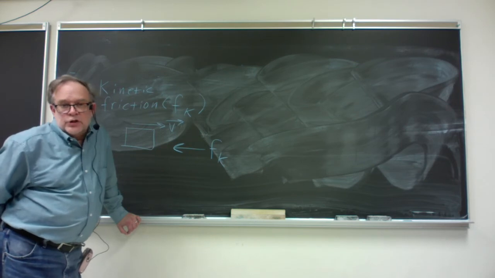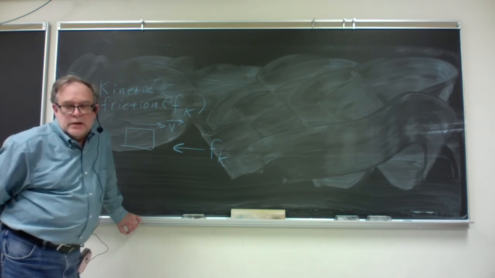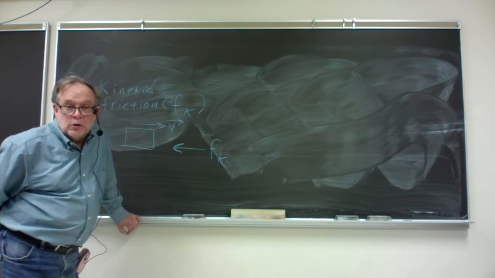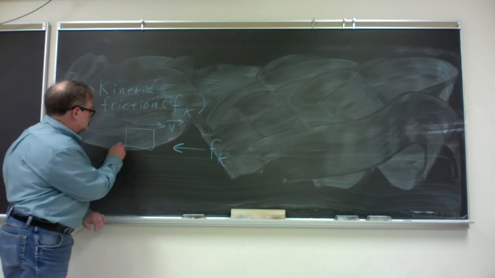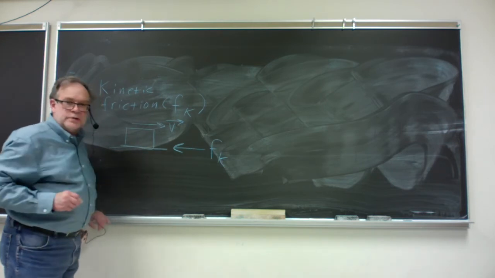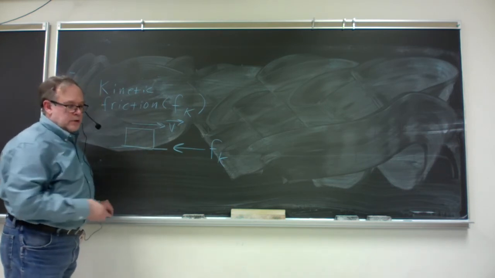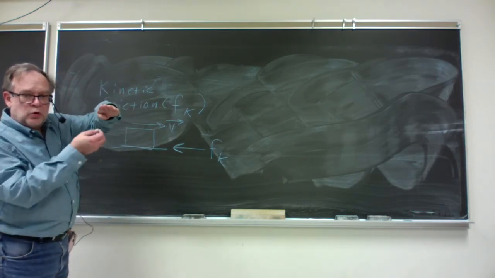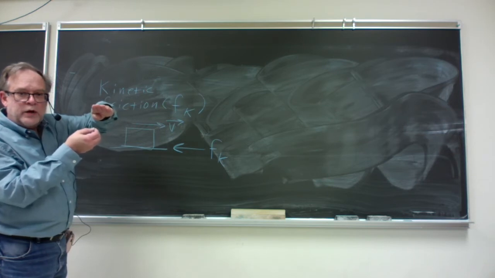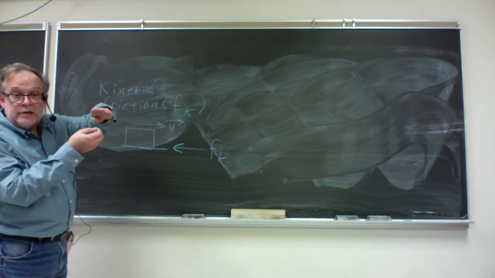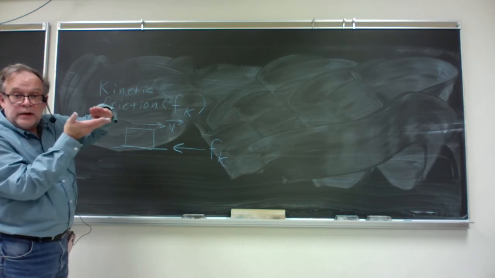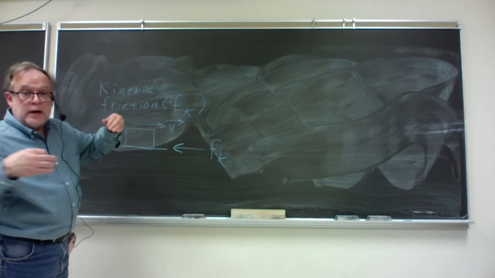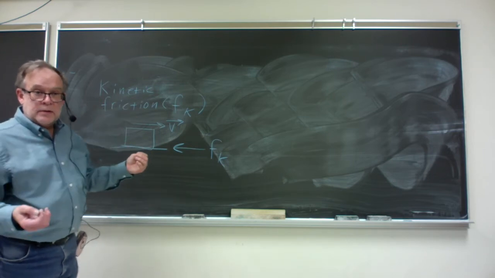And where the kinetic friction comes from is again like tension and normal force. It comes from something going on at the molecular level. There's the floor that the box is sliding across. The molecules on the very bottom of the box will make weak but very real adhesive forces with the molecules on the top of the floor, and in order to move the crate at all, you have to break those bonds.